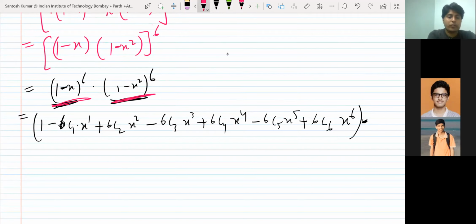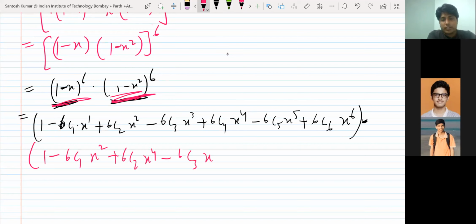Now let me write the expansion of the second term. So 1 minus 6C1, again it's a minus, of x square, plus 6C2, x raised to power 4, minus 6C3, it's a minus x square. Okay, 1 minus x square means 1 plus minus x square.